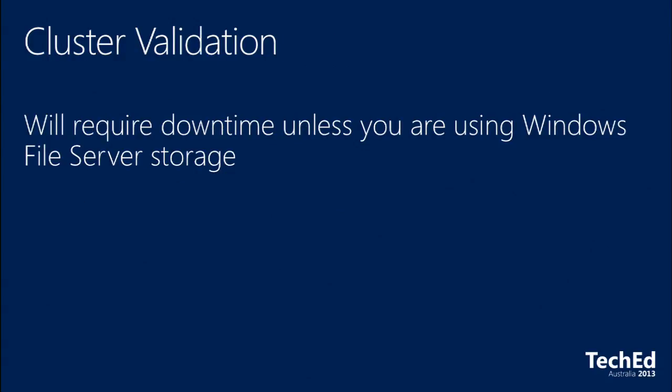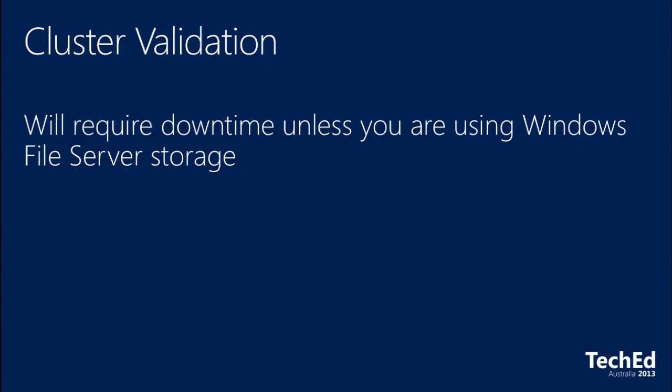A final observation here. And this catches a lot of people by surprise. I've actually had some really interesting discussions with the cluster team about this. To do a full validation of a cluster takes the storage offline if you're using CSV.